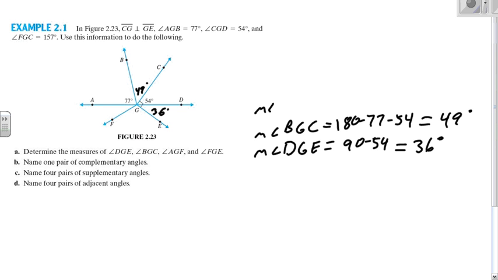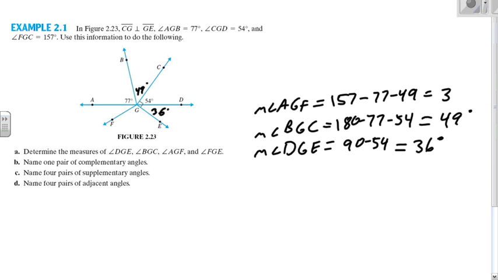Angle AGF. To find the measure of angle AGF, we're going to need to look at our piece of information we don't have marked yet, the FGC. This whole part from F way around to C is 157, so it will be 157 minus the two measures we do know, 77 and 49.